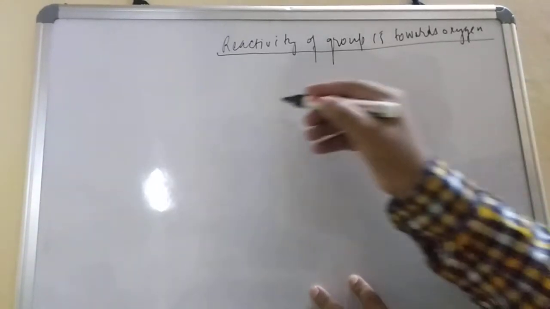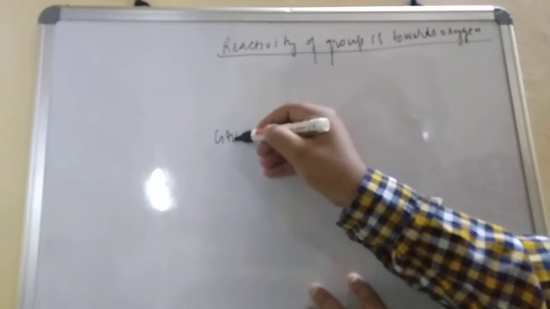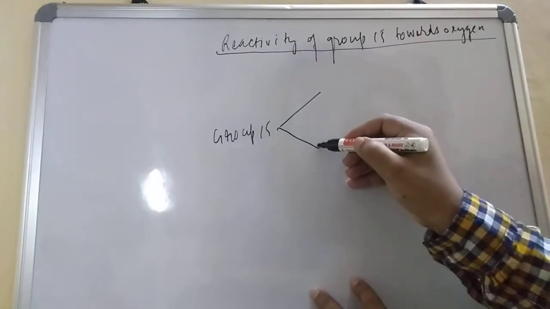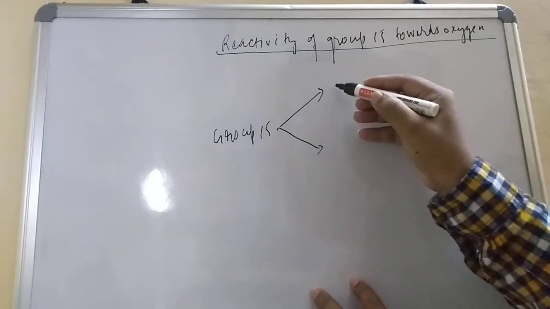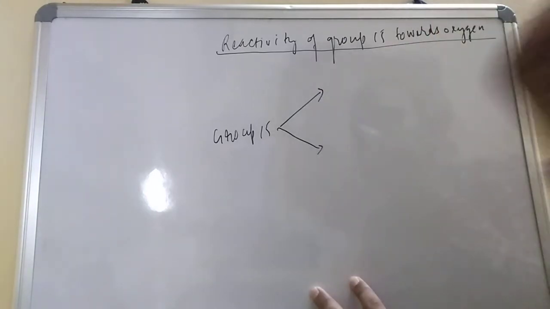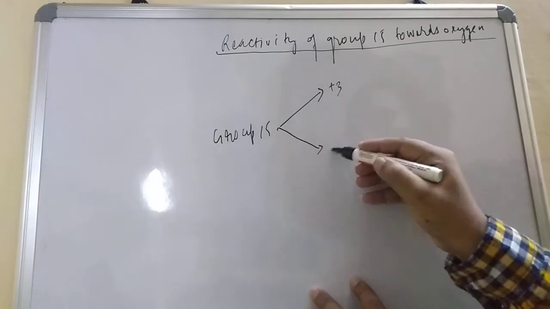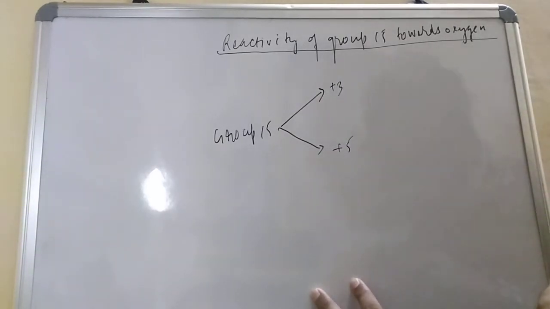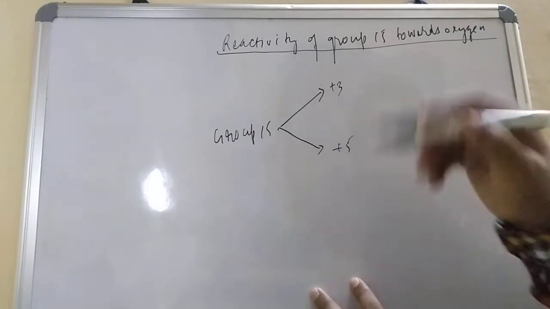We know that the group 15 elements have two types of stable oxidation states, plus 3 and plus 5. Along with this, minus 3 also they represent in the case of non-metals, but here plus 3.